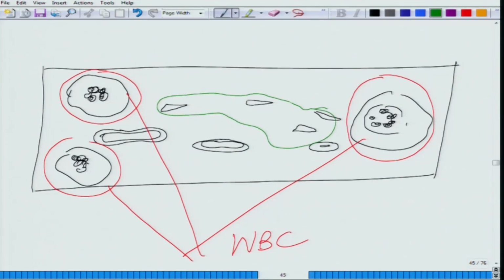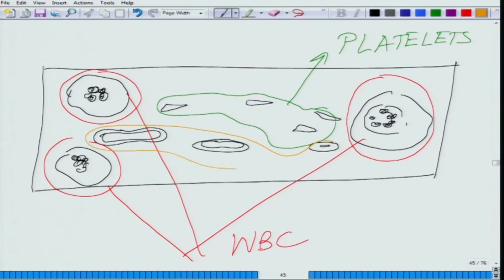These ones which I put in green are the platelets, and the ones I am now putting in yellow are your RBCs. This is what you can see under the microscope in a blood smear.